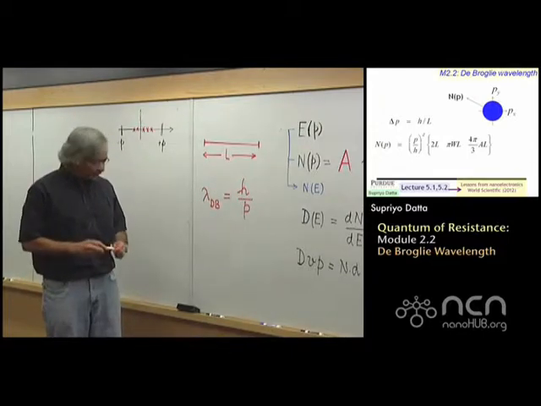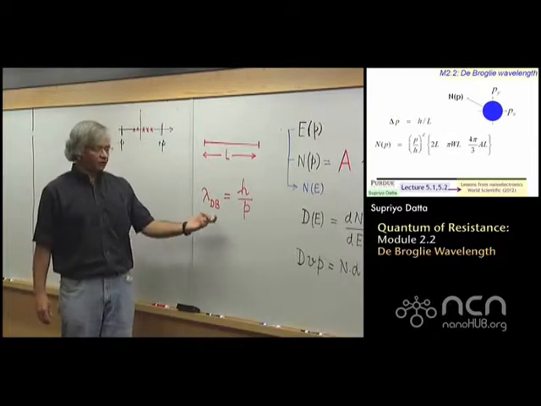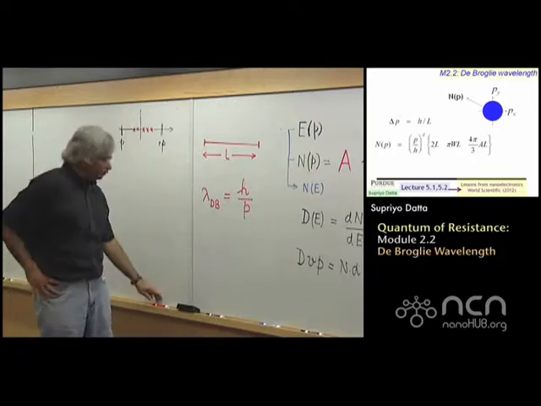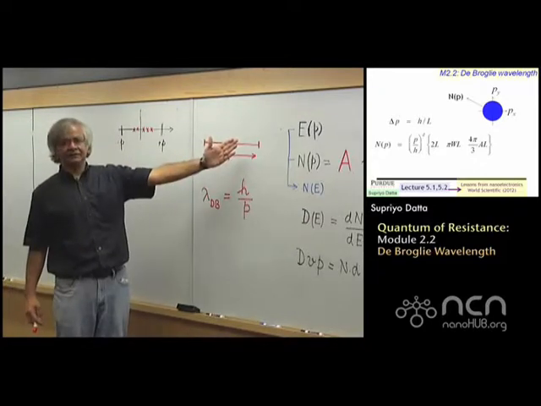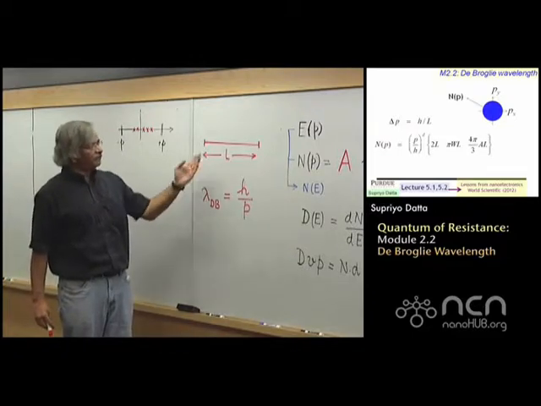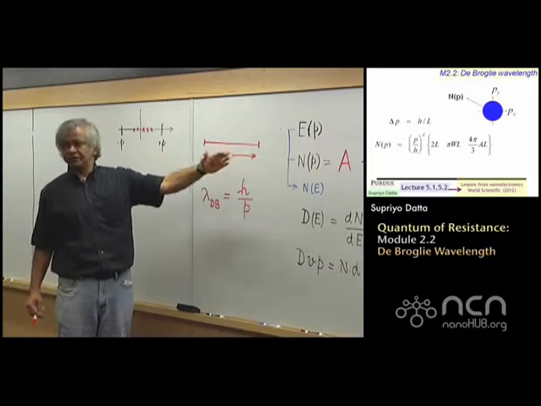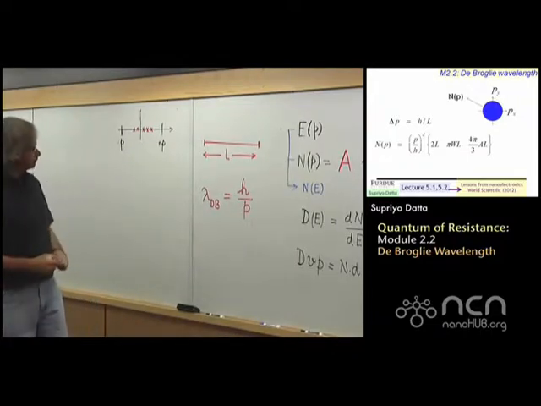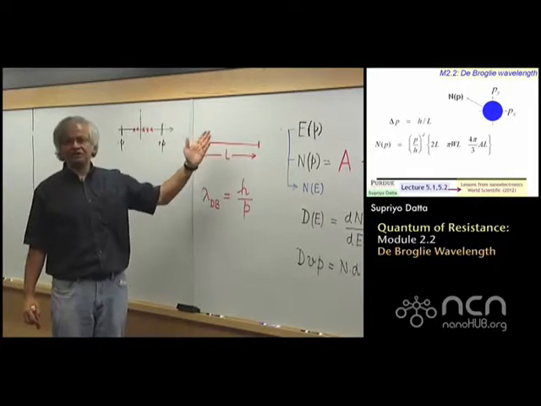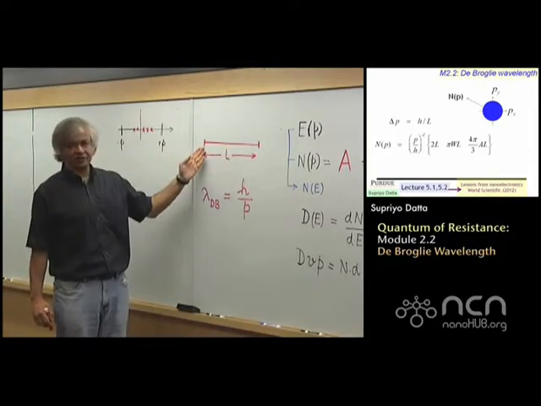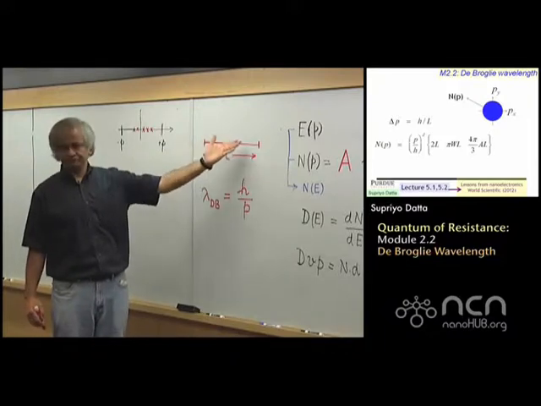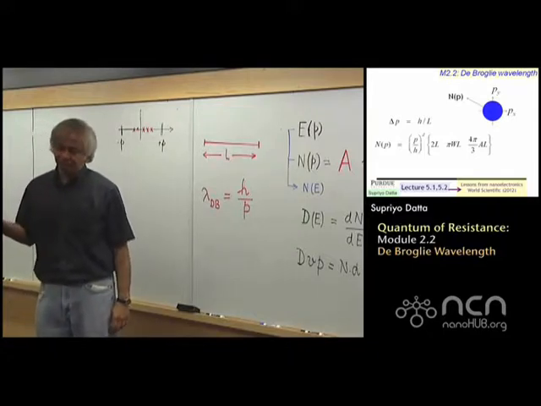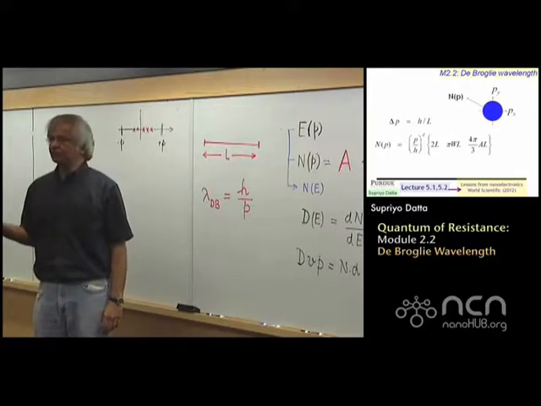And then the way you argue that momentum can only have certain values is by saying that if you have a box of length L, then the electron wavelength must fit into this box. Kind of the way, classically, if you had a guitar string. Supposing this, instead of being a box containing electrons, was actually a guitar string on which you could have acoustic waves. Then, as you know, on a string you could usually have acoustic waves with any frequency or wavelength.